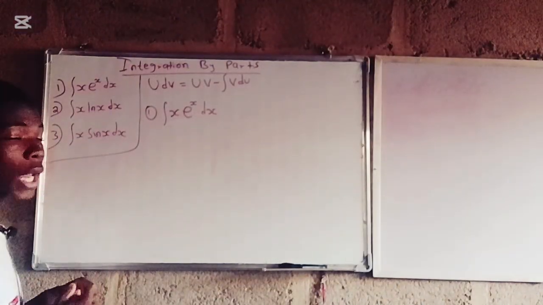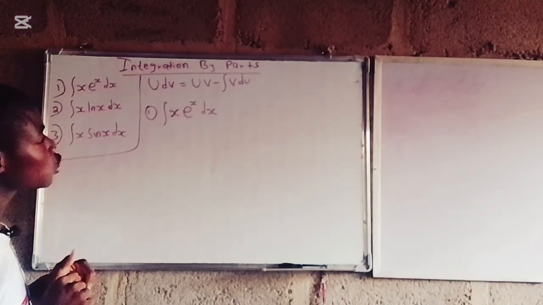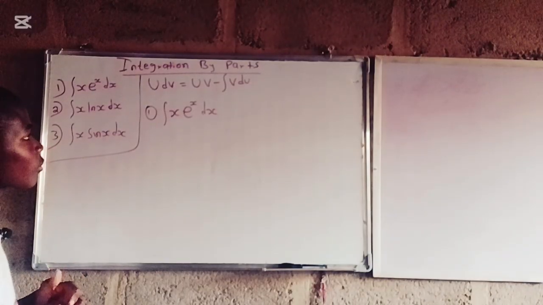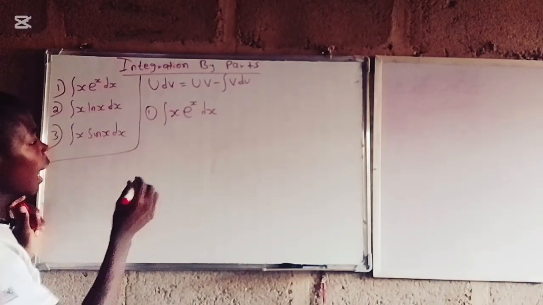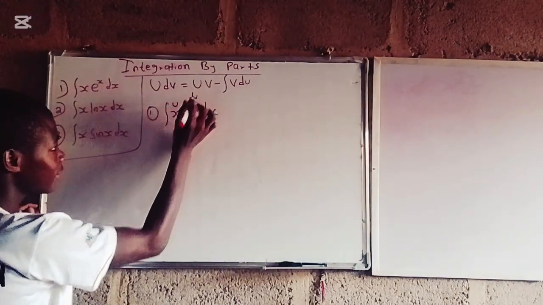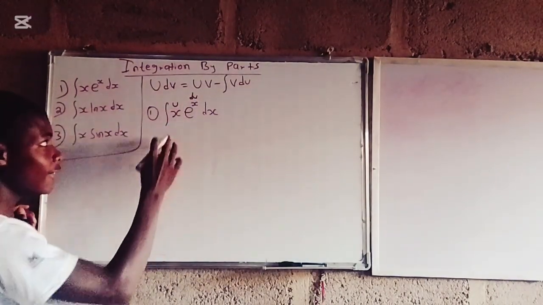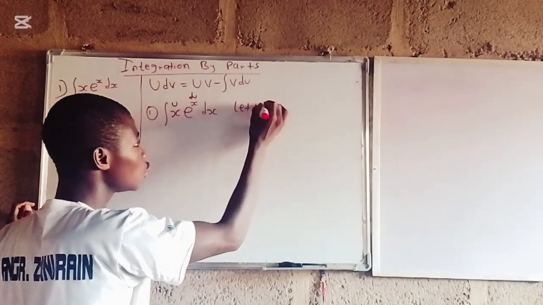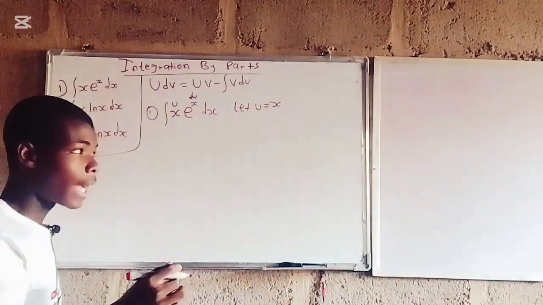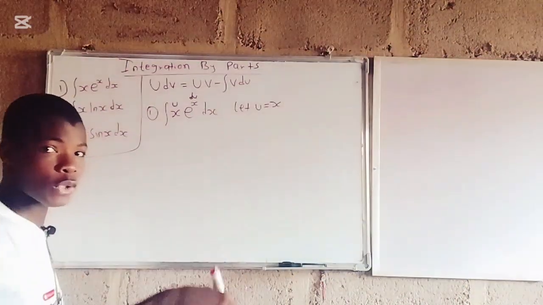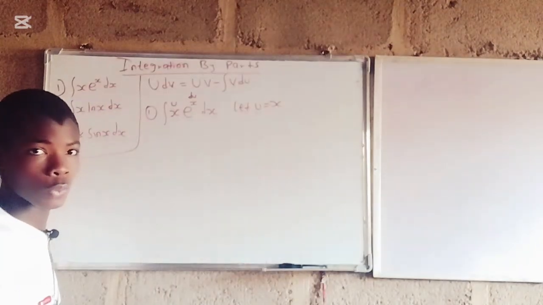So which one should I choose to be u and which one dv? I have to let this x be u and this be dv. The reason is that if I let u be x, I can easily differentiate it and get du.